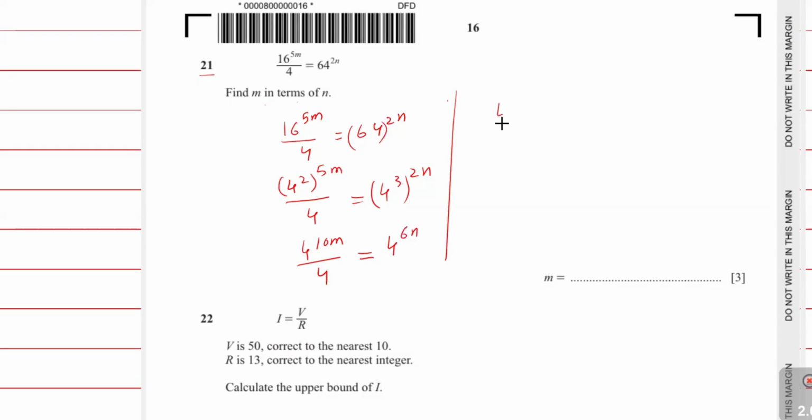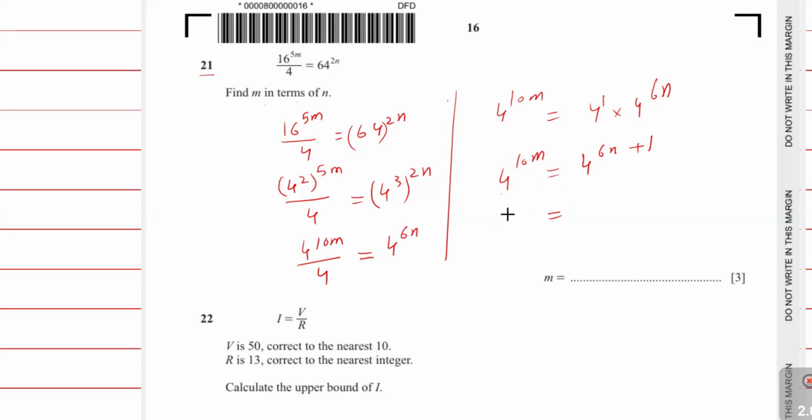And we can write this 4 power 10m equal to 4 into 4 power 6n. 4 power 1 into 4 power 6n, this is 4 power 6n plus 1. And this 4 power 10m, we write as it is.